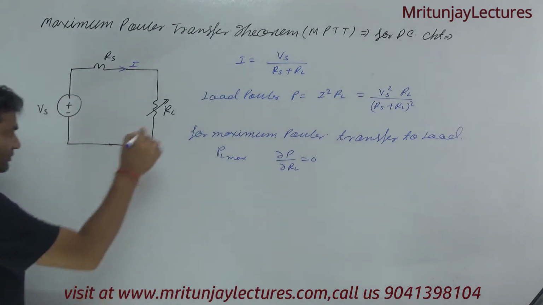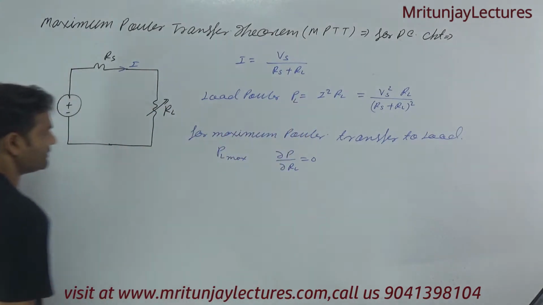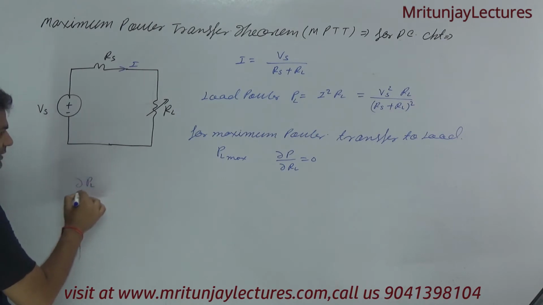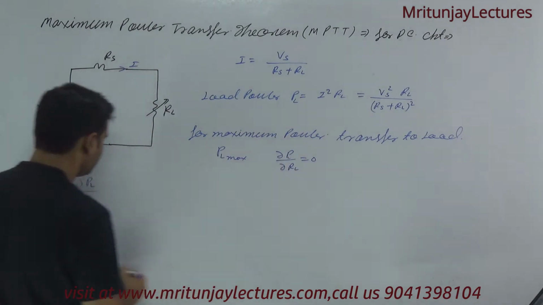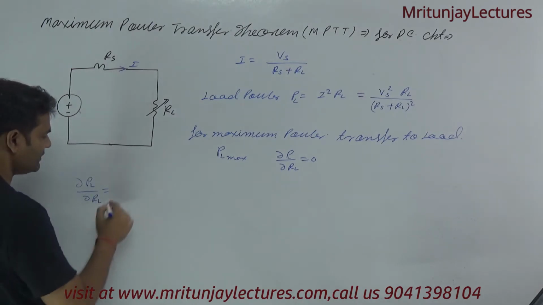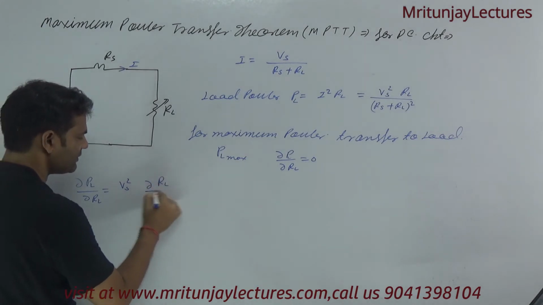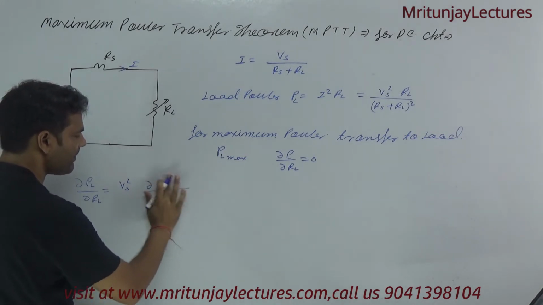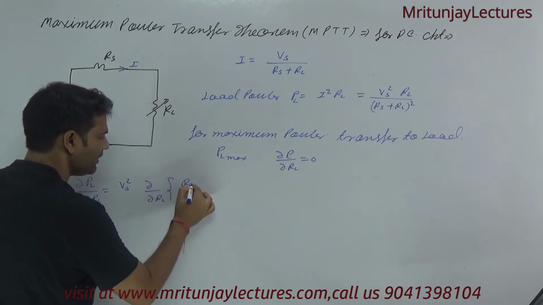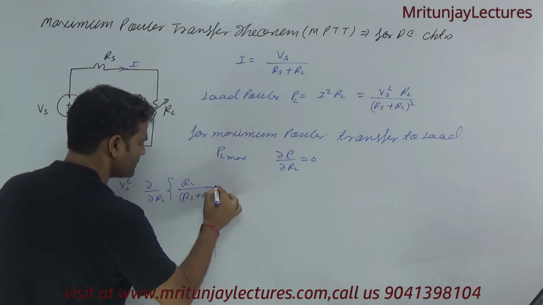So if you differentiate the load power PL, now dPL divided by dRL is written as, first of all Vs square is constant, that's why Vs square into d by dRL of RL divided by Rs plus RL to the whole square.